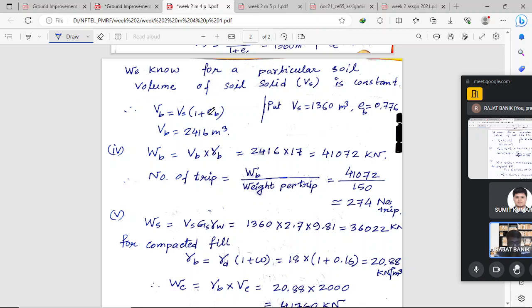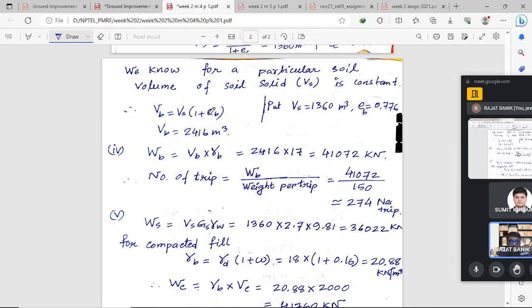To solve that, we apply the simple formula, volume into unit weight, to find the weight of the soil, and we find that it is 41072 kilonewton.